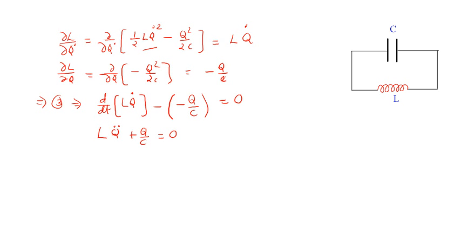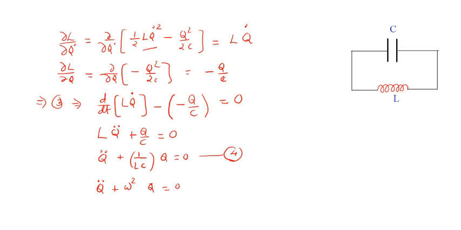This is a differential equation of the form q double dot plus omega squared q is equal to 0, which is nothing but the standard differential equation for SHM in terms of the variable q.